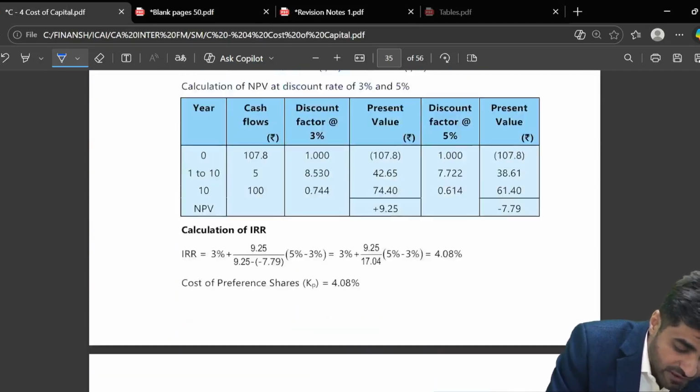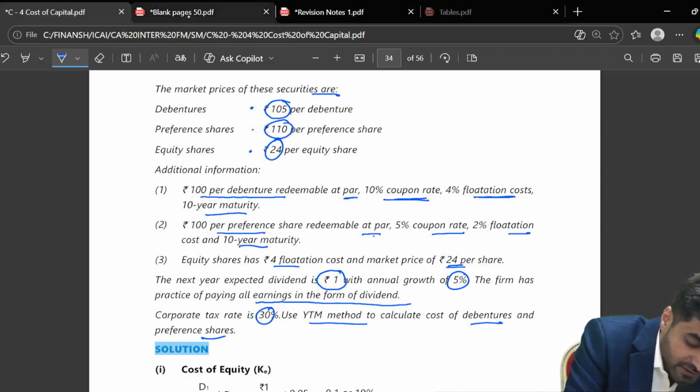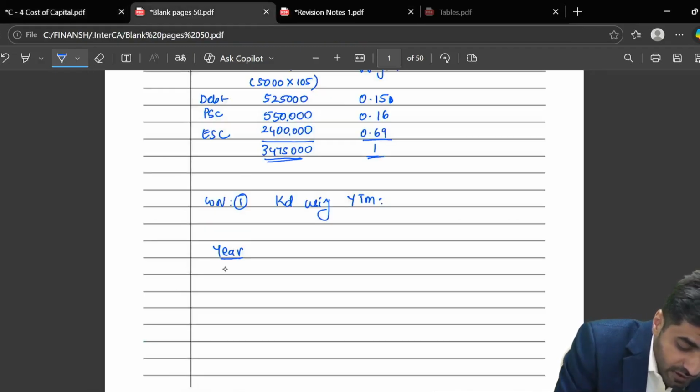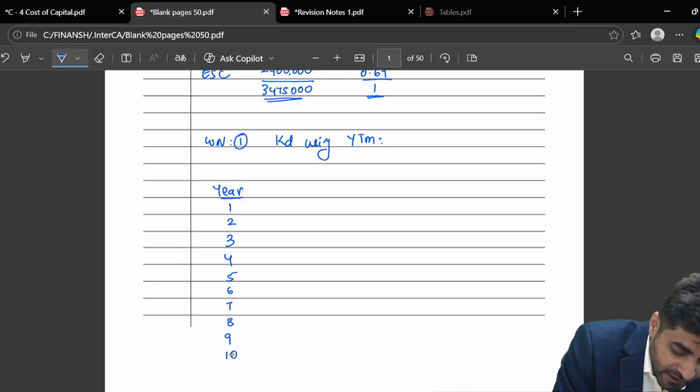Now let us read all these things. What is given to you in the question? Rupees 100 per debenture redeemable at par, 10% coupon rate, flotation cost is 4%. So first of all, here 1, 2, 3, 4, 5, 6, 7, 8, 9, 10.